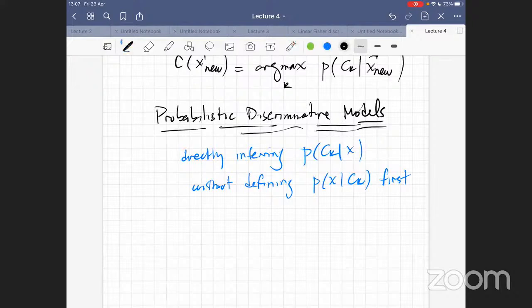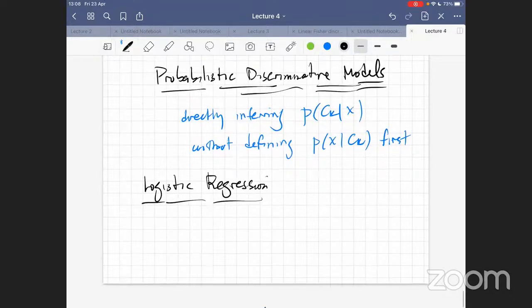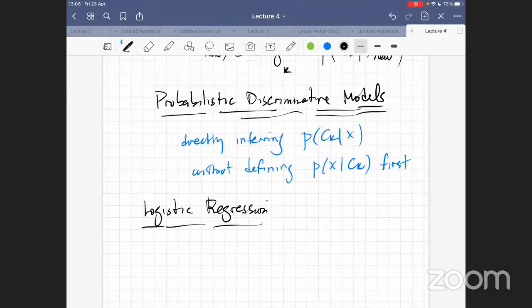I'm quickly going to the prototypical, simplest example of that, which is logistic regression. Logistic regression is a very bad name because it is actually a classification model, not a regression model. The idea here is to model this directly as the sigmoid of w transposed x, plus the intercept, something that we actually wrote previously.